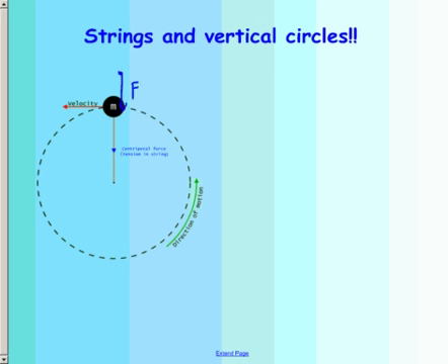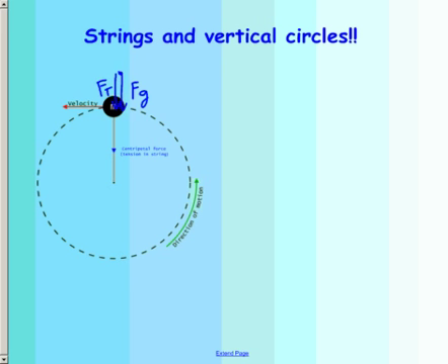We have force of gravity down, and which way is the string pulling on this? String is going to pull straight down. So it's exactly the same as the last picture, but instead of the normal force, we use the force of tension. That's the only difference.